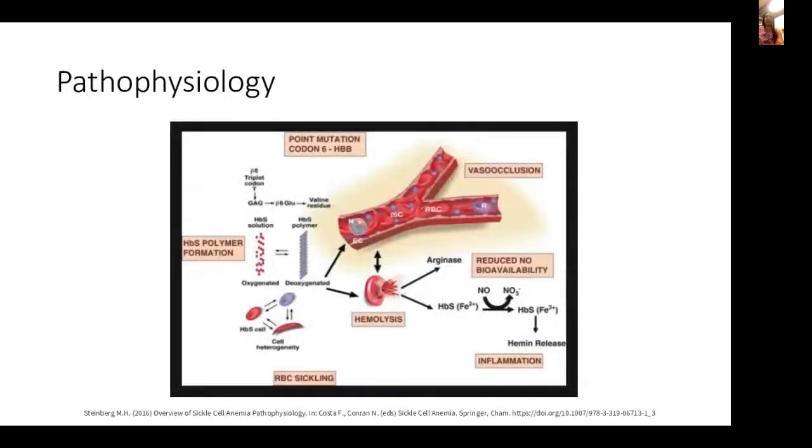In terms of the pathophysiology, the cardinal feature of sickle cell disease is that this amino acid change means there's a non-polar pocket that forms. When you have deoxygenation of the hemoglobin molecule, the polymers shift to hide that pocket so as not to expose it because it's very hydrophobic.